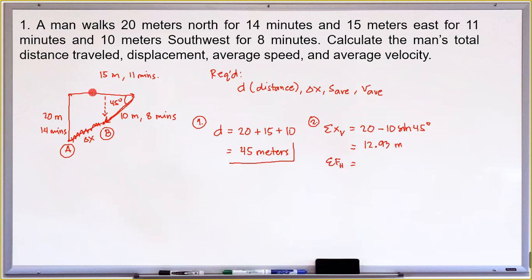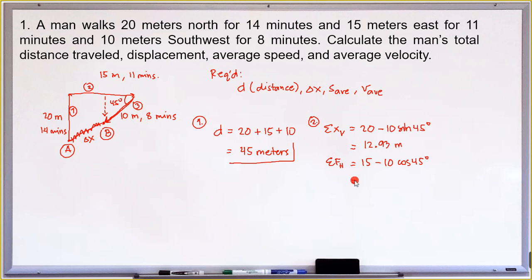Now, the summation along the horizontal. East is positive, so we have 15. Now, southwest goes the other way, so minus 10 cosine 45 degrees, which is the horizontal component of this final vector. Remember, we have three vectors here: vector 1 north, vector 2 east, vector 3 southwest.